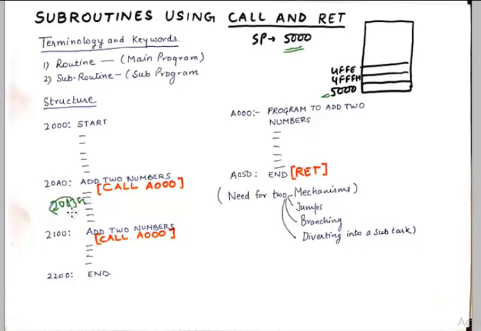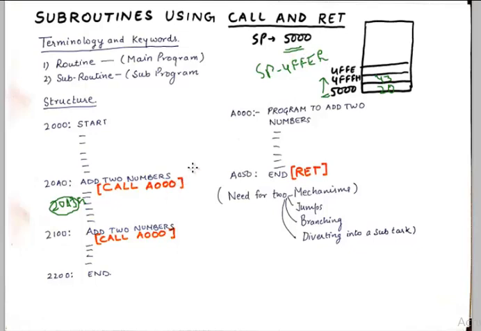So this location needs to be stored somewhere in a safe place so that we can come back to this location also. So it gets saved to the stack. 20 and A3 get stacked on 5000 and 4FFF, and the stack pointer is now decremented by 2, and the new value of the stack pointer becomes 4FFE.